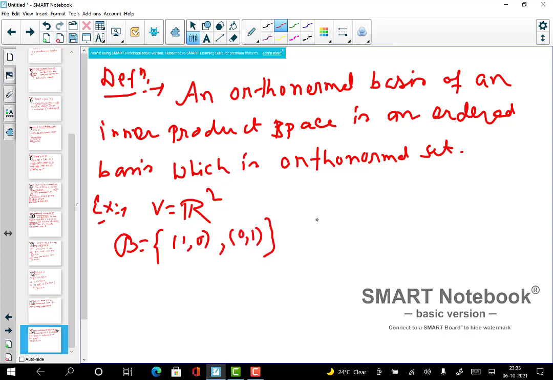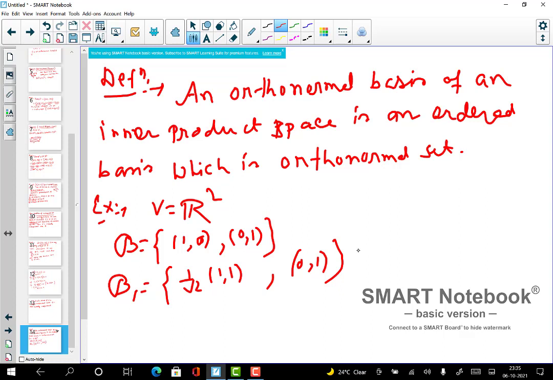This is simple, right? This is orthonormal. But you have many other examples also, and you can check, for example, say the basis (1,1) divided by root 2, and then (0,1). So this is also an orthonormal basis.